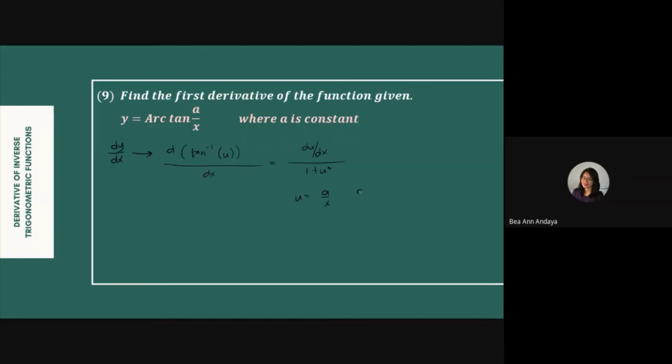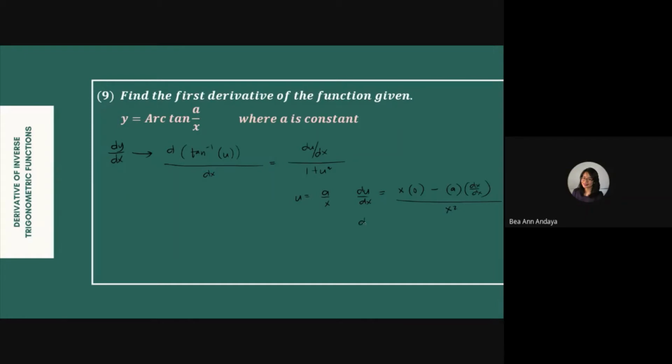and our derivative of u with respect to x is basically, if this is a over x, you just have to perform your quotient rule. If you have a divided by x, pwede kang maglagay dyan ng x times the derivative of a, that is 0, and then minus this, and then the derivative of x, or that is dx over dx, all divided by x squared.